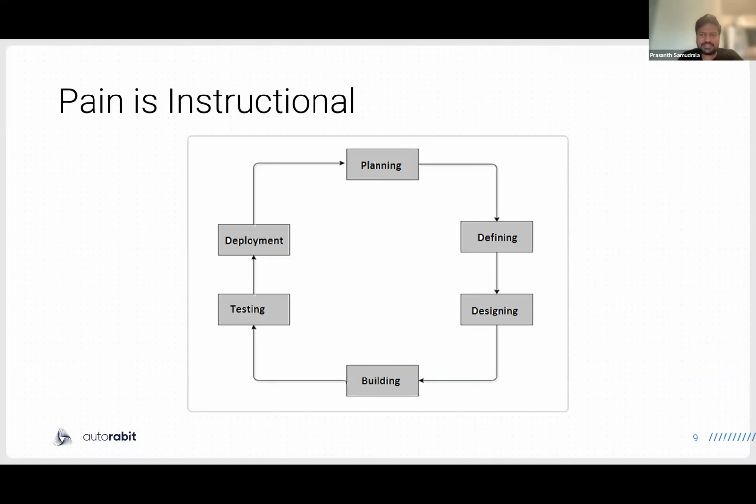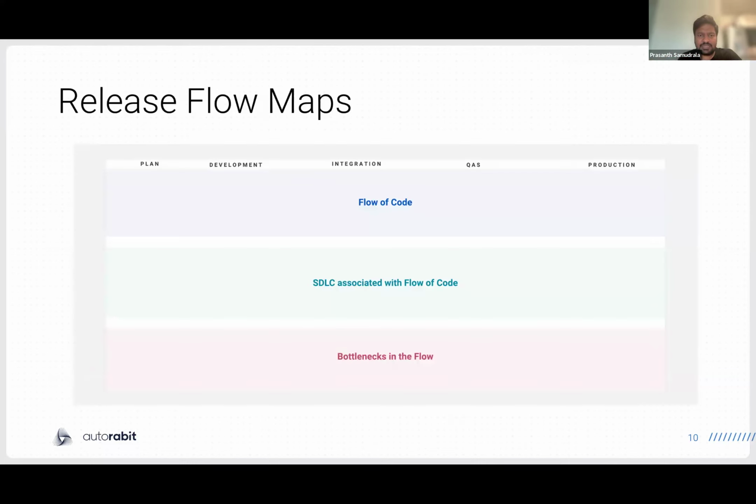So Josh, can we have the next slide, please? So what we found is the best way to represent the SDLC and the Git flow is using a mechanism where you're having three main swim lanes. One is the flow of code, which represents where your code starts and the environments, the version control branches.